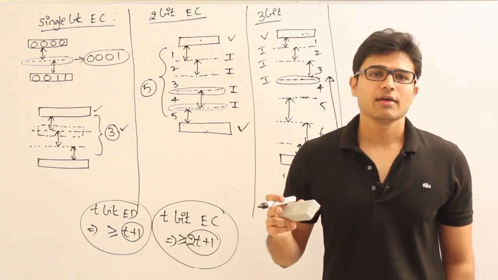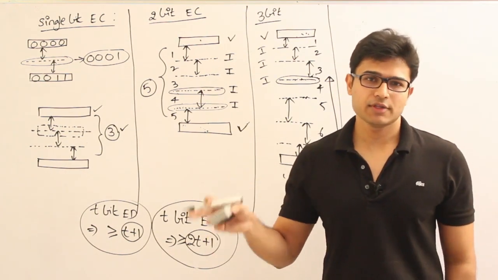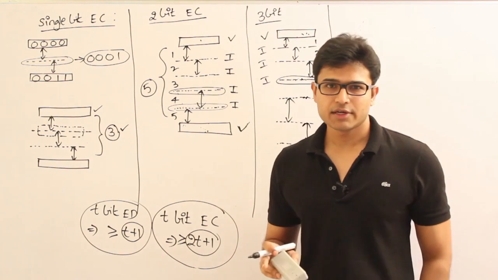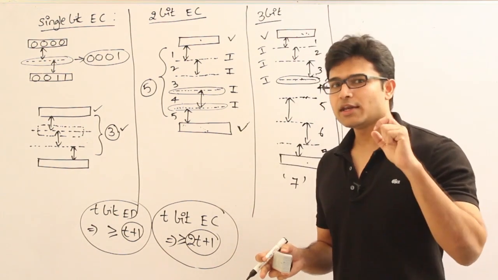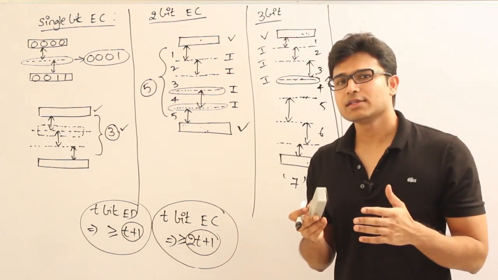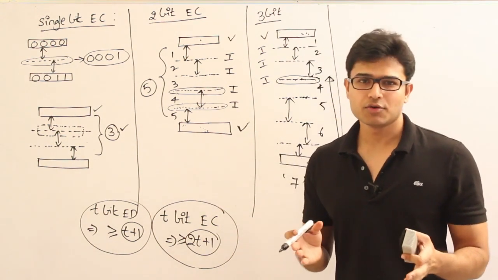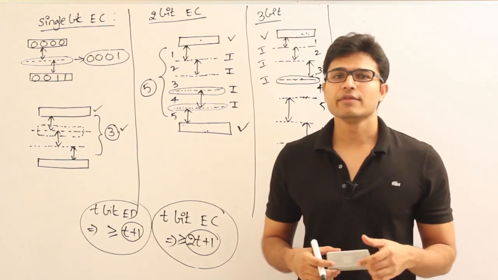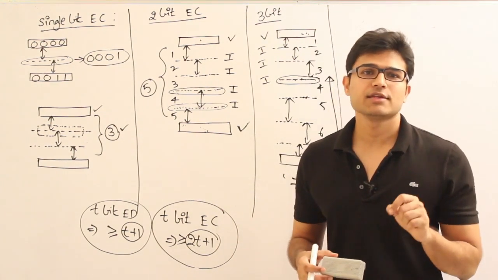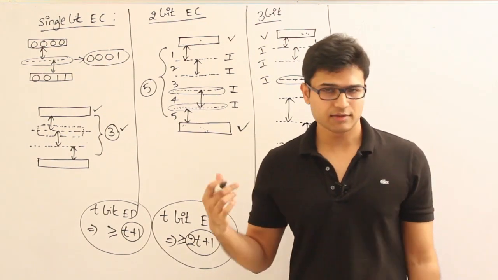Now how can I manipulate this Gray code in such a way that the distance between two valid codes will be at least, let's say, 2? I want to increase the distance between two valid codes in the Gray code. This can be done by adding something called parity bits. I'll take this example and explain.